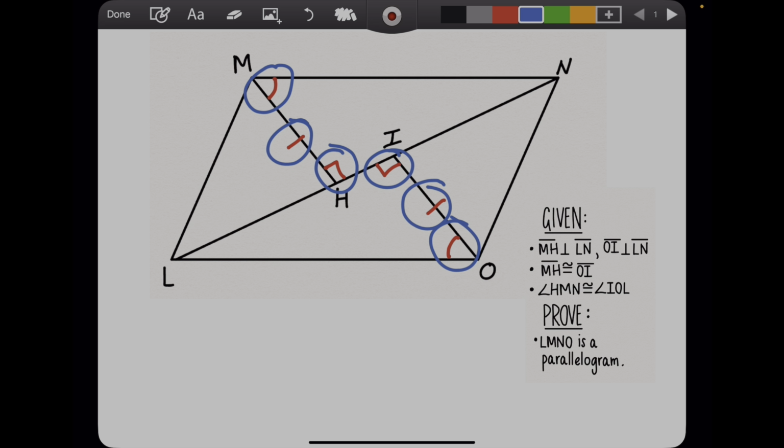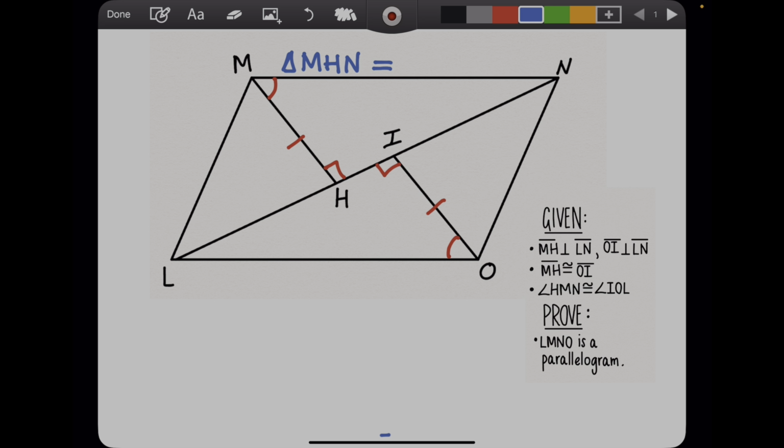This tells us that triangle MHN is congruent to triangle IOL.